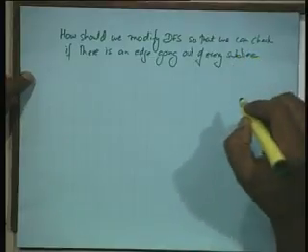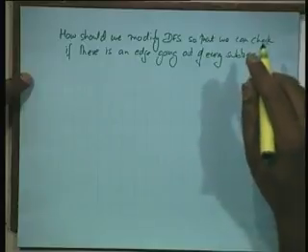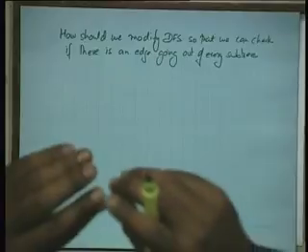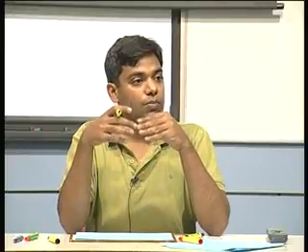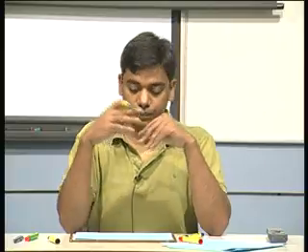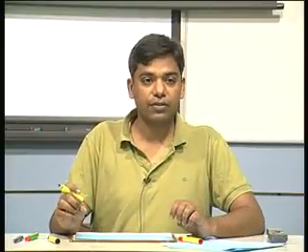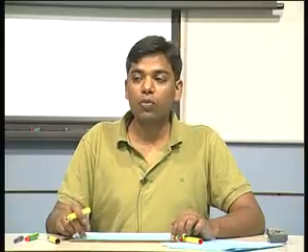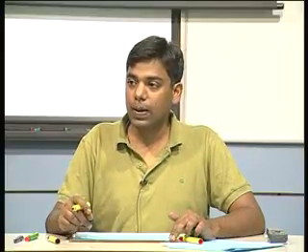I am using the word subtree a bit loosely here. By subtree I mean the part of the tree which is composed of the descendants of any vertex. So, take any vertex, look at all its descendants, that part of the tree is what I am calling a subtree. The generic definition of a subtree is slightly different. So, how will we modify DFS to be able to do this?